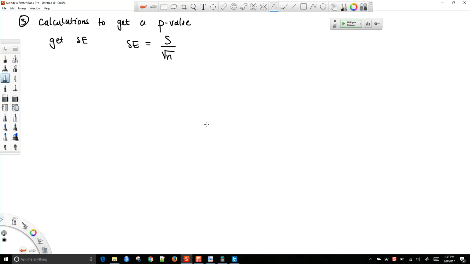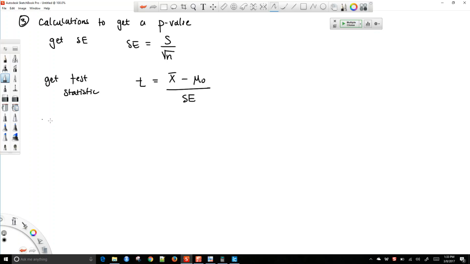Okay, and then once you have your standard error, then you get your test statistic t. Okay, and so our t is our sample mean versus the mean that we expect, which was mu0, the value in our null hypothesis, divided by the standard error. So we use that, okay?